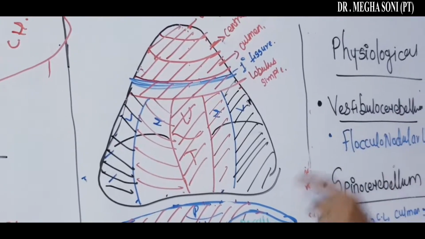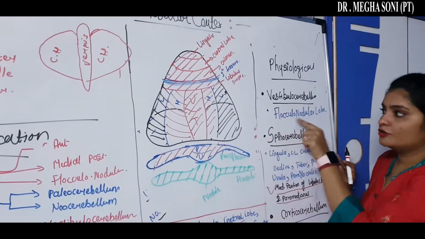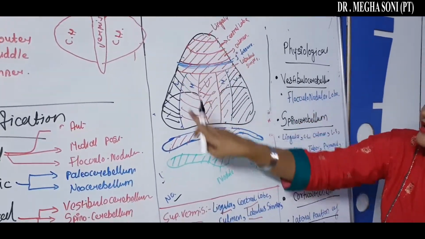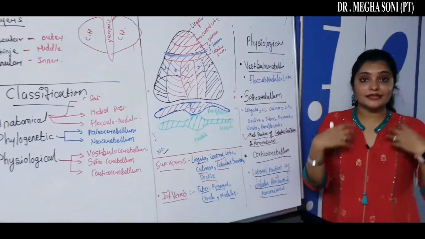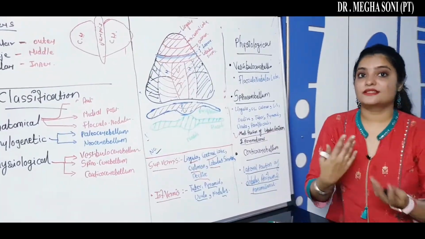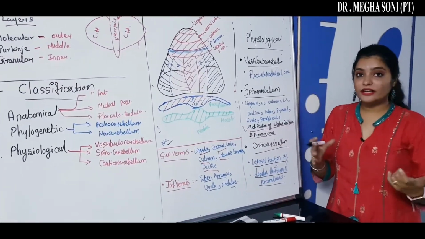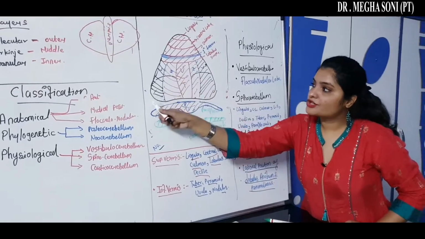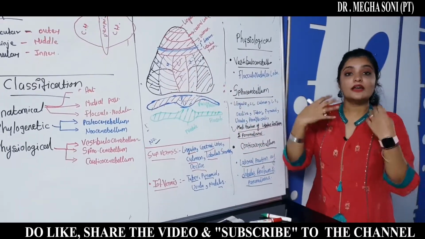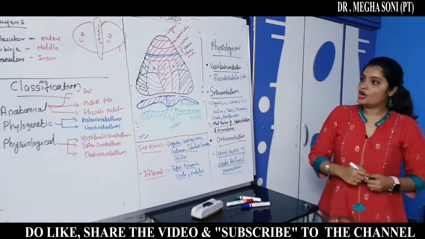So physiologically, vestibulocerebellum, the green one, includes flocculonodular lobe. This whole red one is spinocerebellum, as the fibers are directly connected with the spinal cord. And corticocerebellum, why? Because the lateral portion of this cerebellar hemisphere is connected with the cerebral cortex.